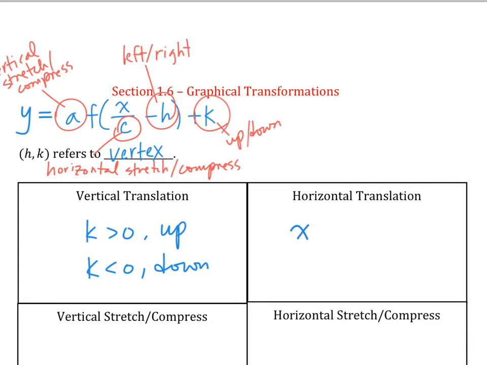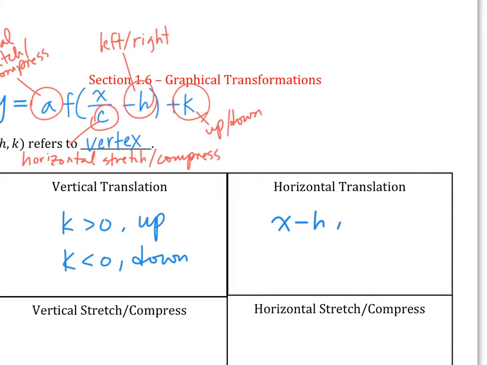When you see x minus h, which direction? To the right? Yes. When you see a minus, you're actually going to go to the right. When it's x plus h, you're going to go to the left.